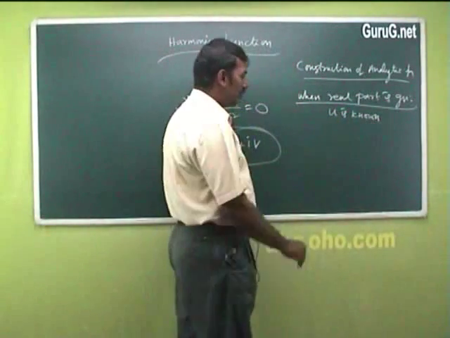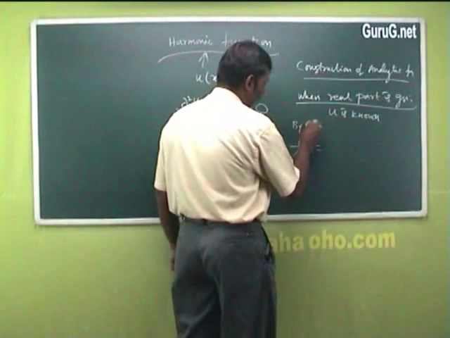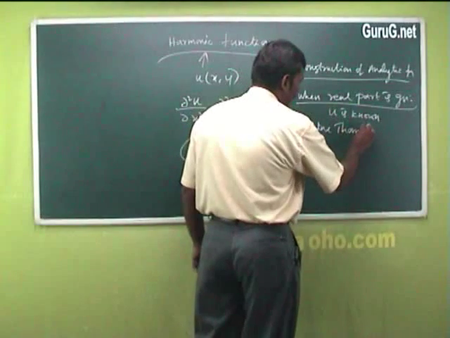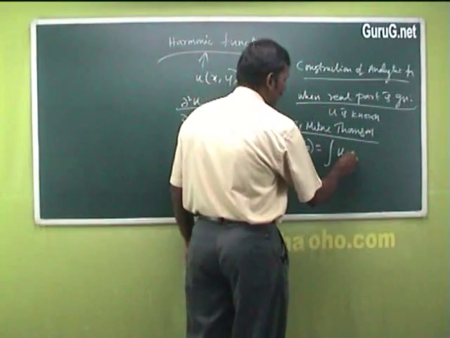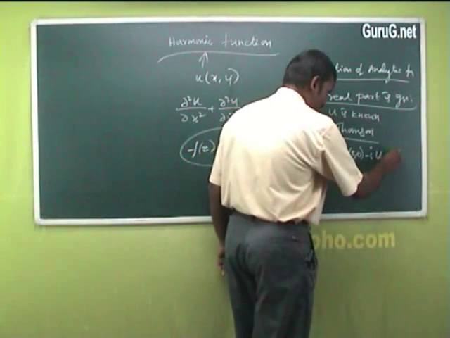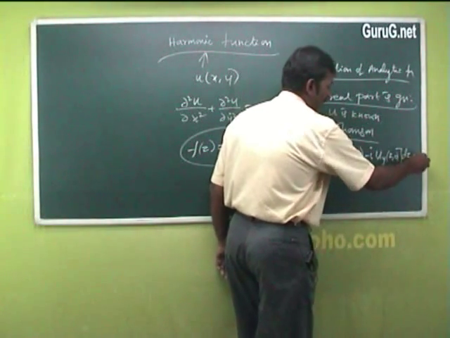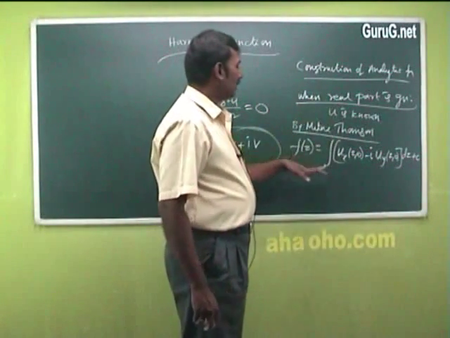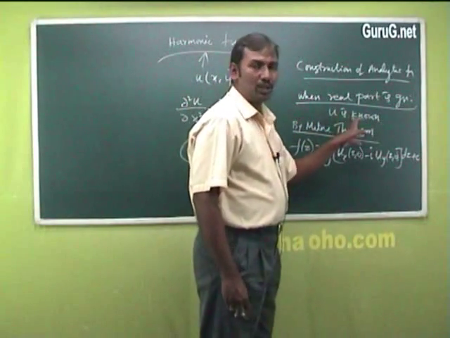When u is known, the analytic function f of z equals, by the Milne-Thomson method, the integral of ux of z comma 0 minus i into uy of z comma 0 dz plus c. So this is the formula for constructing an analytic function whenever the real part, u, is known.